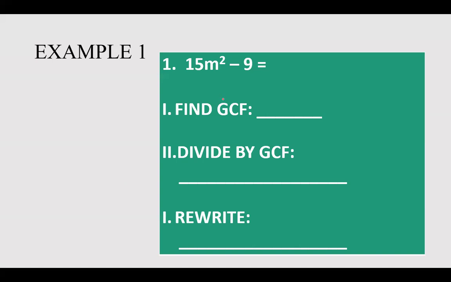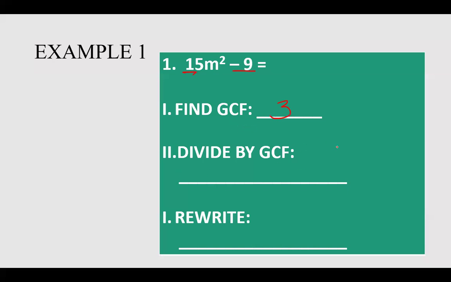The first thing you're going to do is find your GCF. What is the largest number that I can divide into both 15 and 9? That would be 3, right? We agree? Because it's your greatest common factor, and the greatest common factor is 3.